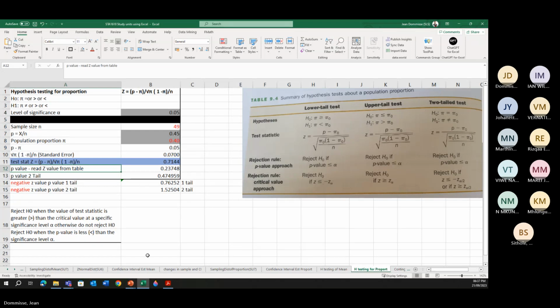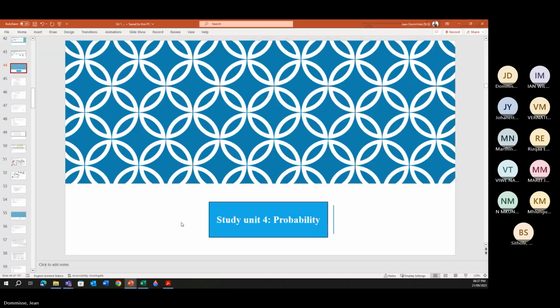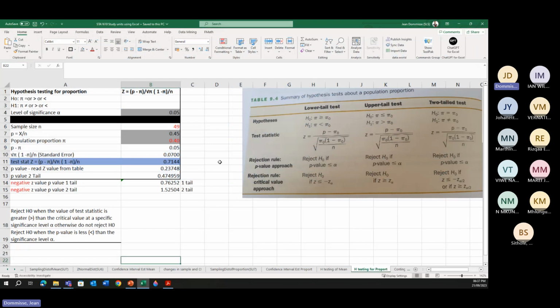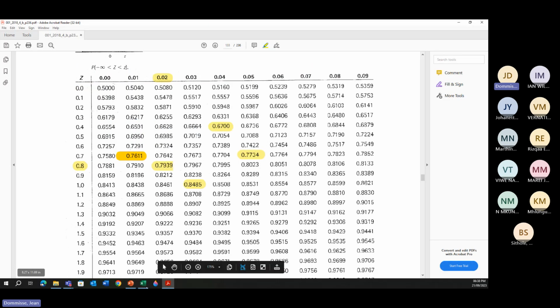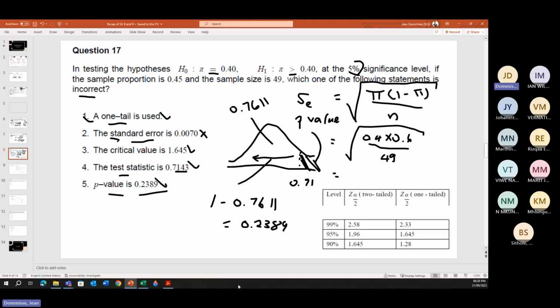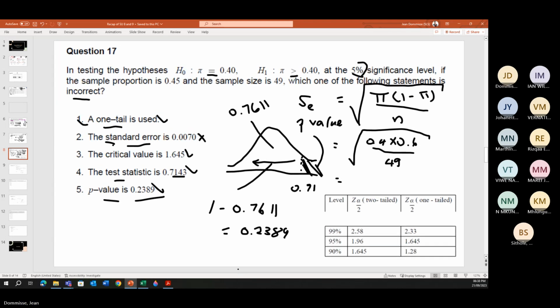Okay, so that was when we need to work out your hypothesis testing and you want to use the Excel component. And you saw it doesn't matter if we use Excel, the normal formulas, or the tables, we will get the same answer sets.